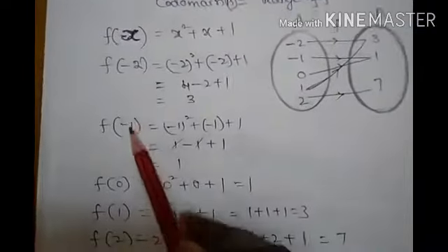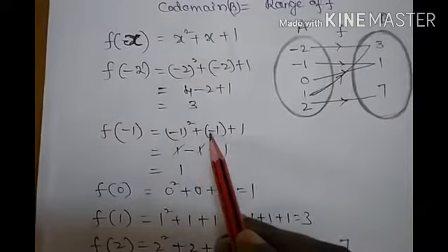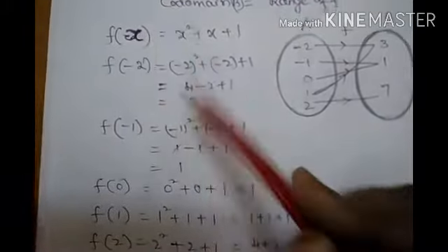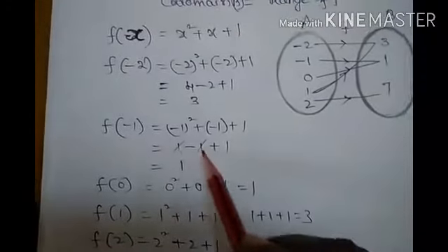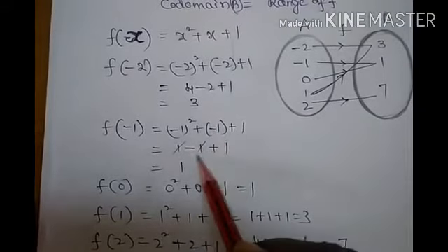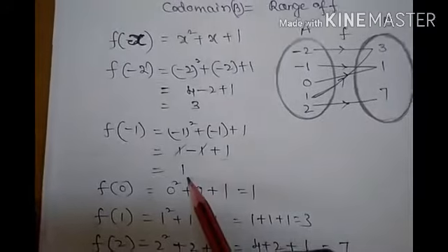Now again f of minus 1. Take x is equal to minus 1, then minus 1 whole square plus minus 1 plus 1. Minus 1 whole square gives 1. Plus minus 1 gives minus 1 plus 1. 1 and minus 1 get cancelled. The remaining is 1.